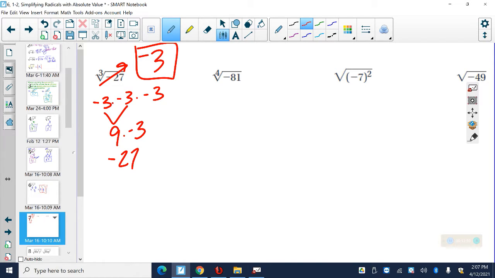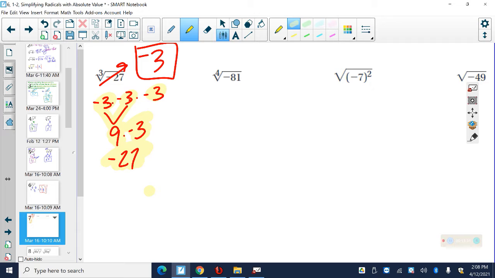Because a negative times a negative times a negative is a negative. When I multiplied the first two together, it gave me a positive 9. When I multiplied that by a negative 3 again, it gave me the negative 27. You're multiplying that same number by itself 3 times.